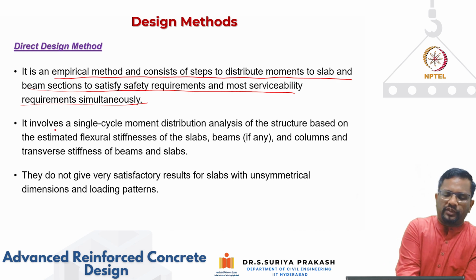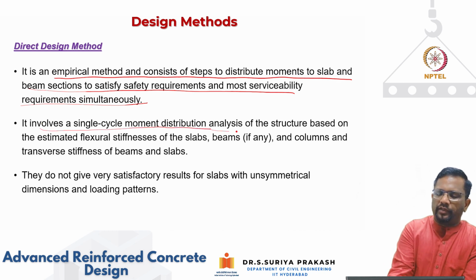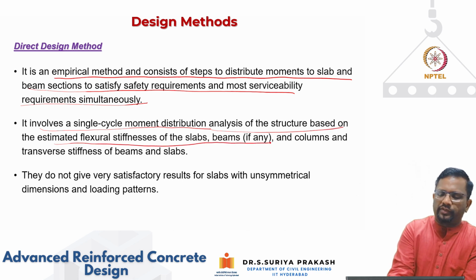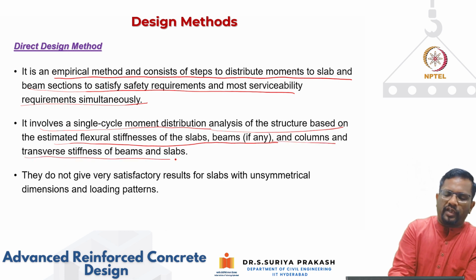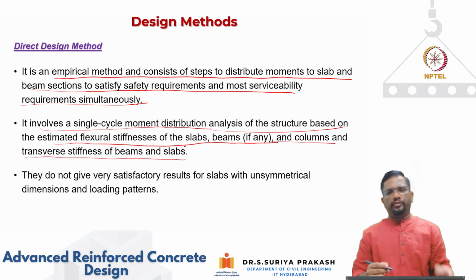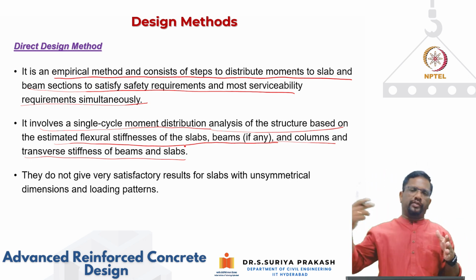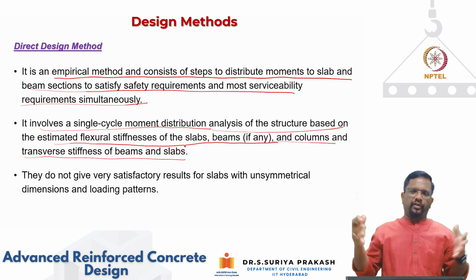As we have discussed, it involves a single cycle moment distribution and analysis of the structure based on the estimated flexural stiffness of the slabs, beams and columns. Here, we also need to include the transverse stiffnesses of the beams and slabs that are present. Because at every joint you're going to have a supporting beam or slab that is spanning along the direction.